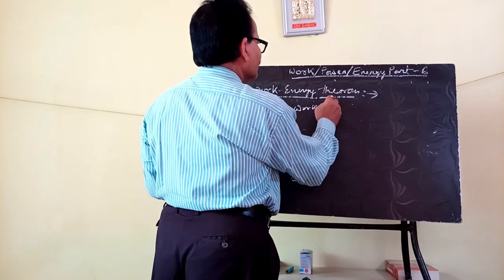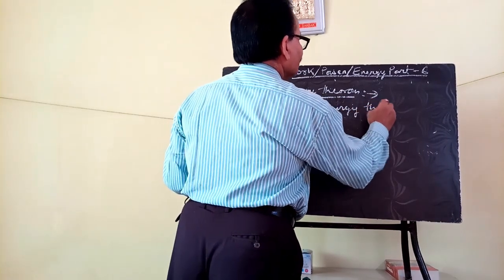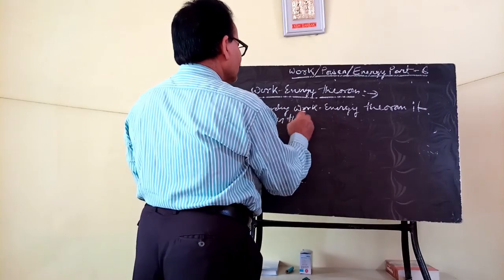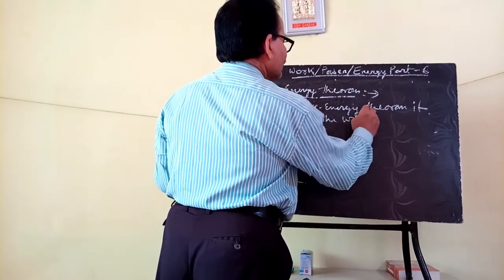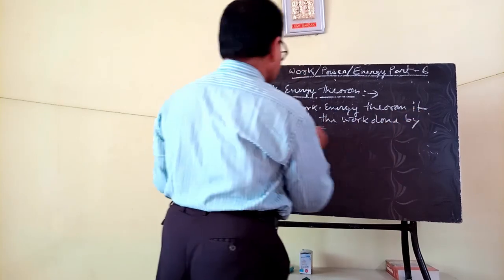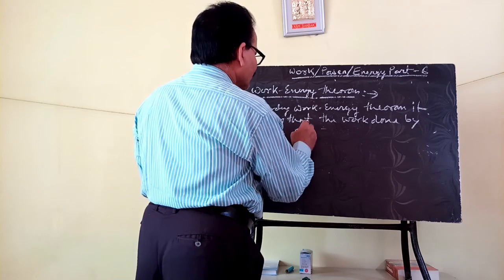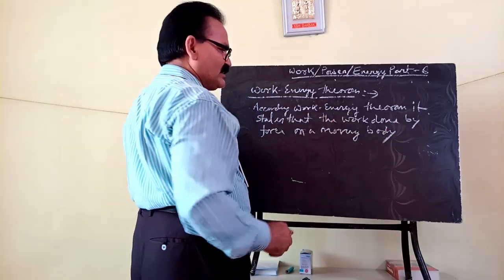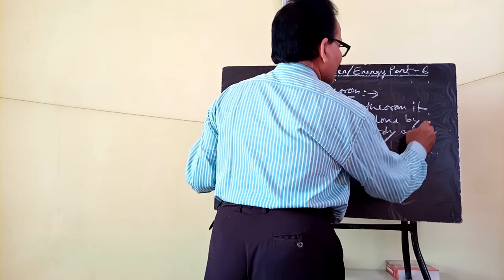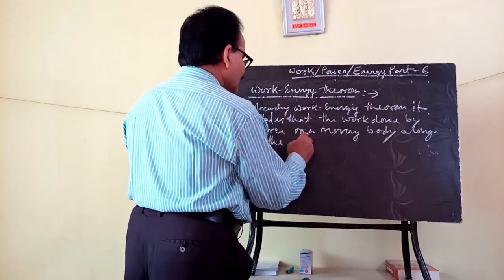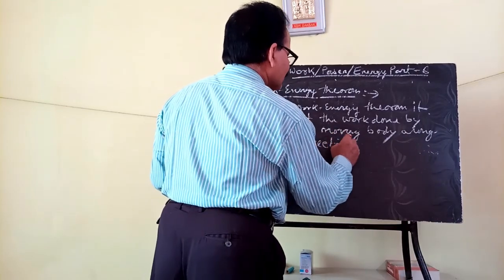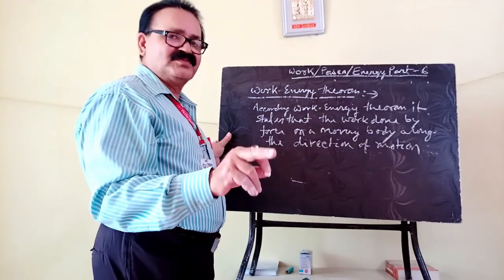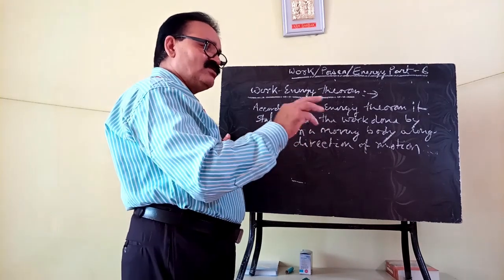So according to the work energy theorem, it states that the work done by a force on a moving body along the direction of force, along the direction of motion, that means the force must be applied on the moving body in a direction in which the body is already moving.